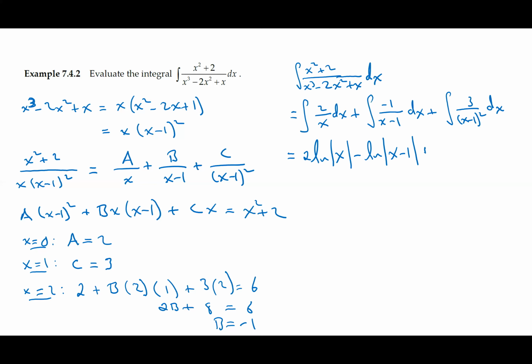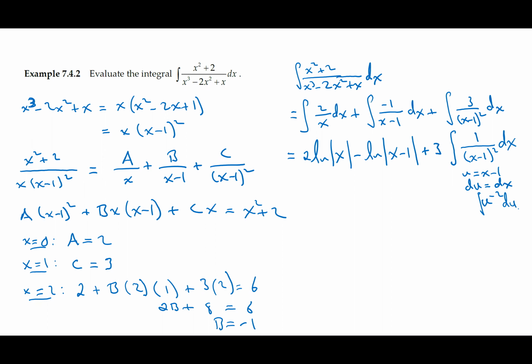Well, let's see what we get. Let u be x minus 1, which makes du equal dx. And so we're really integrating u to the negative 2.